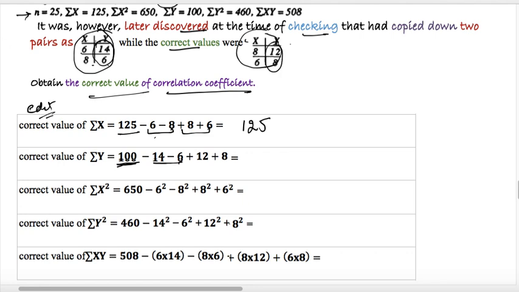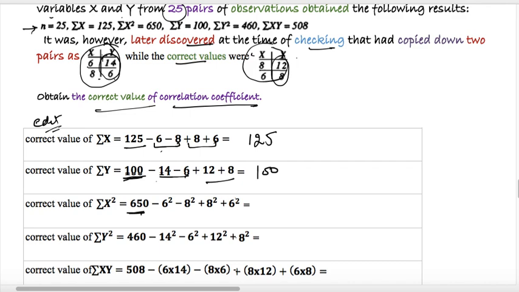Minus 20 plus 20 will not change the previous answer, so it remains 100. In the case of x square, which is given as 650, when we square 6 and 8 and add 8 square and 6 square, they are the same, so it will also not make a difference and remains 650.